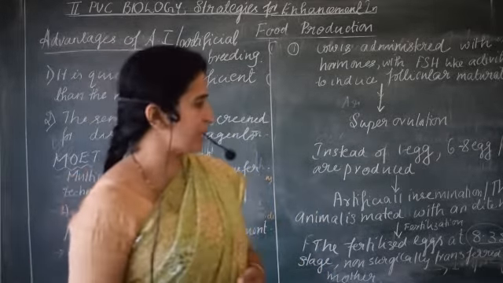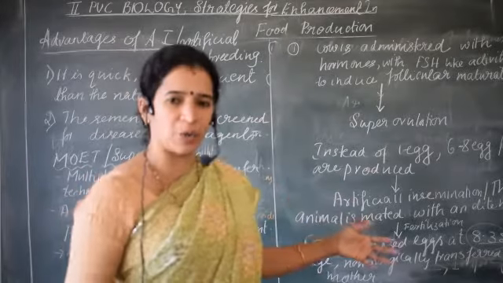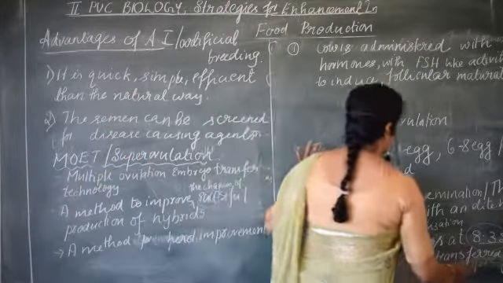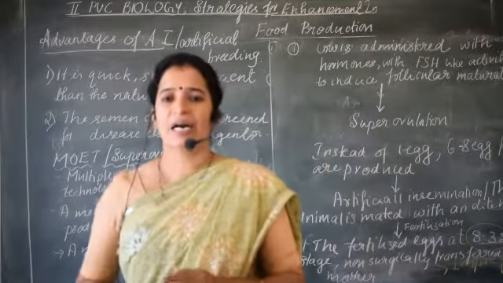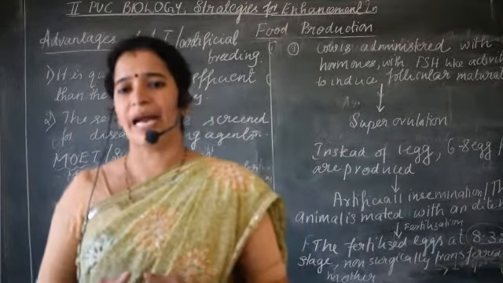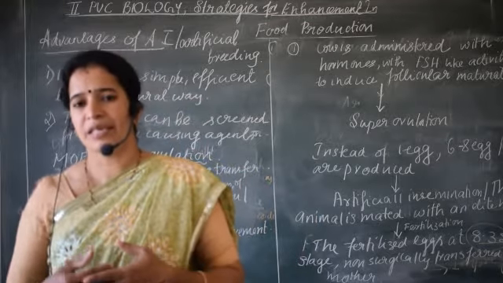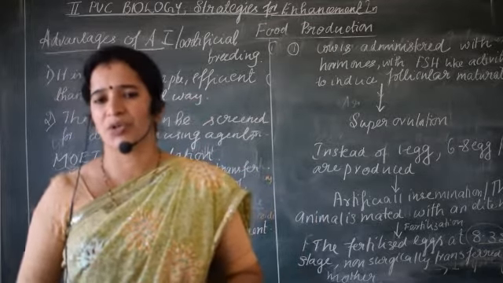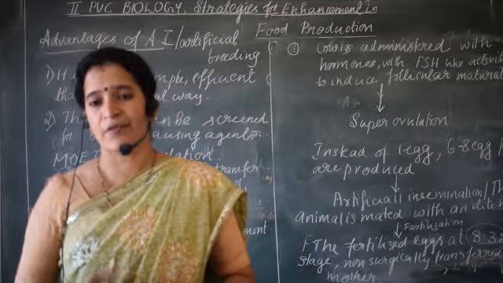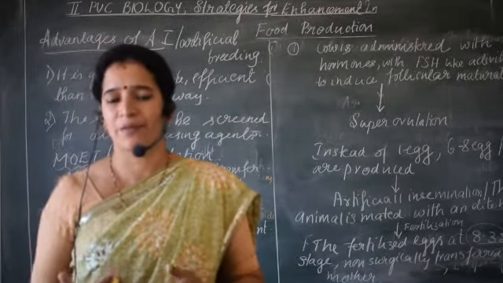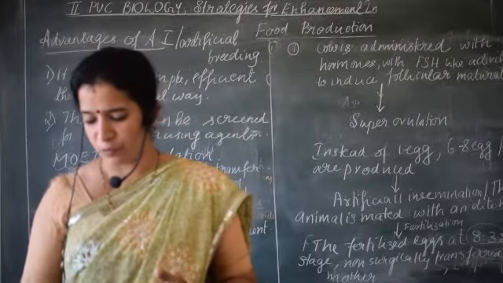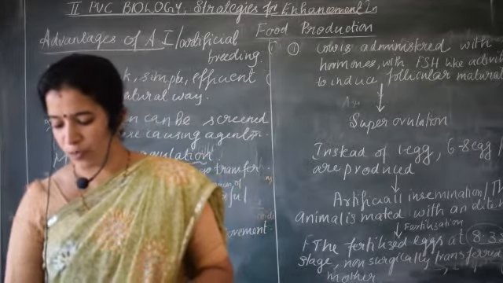So you may have the doubt: once the egg is transferred to the surrogate mother, what about the initial mother, on which the fertilization or the release of egg took place? That genetic mother will be ready and can be used for another round of superovulation.